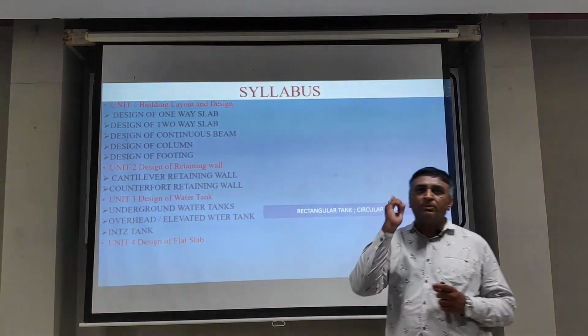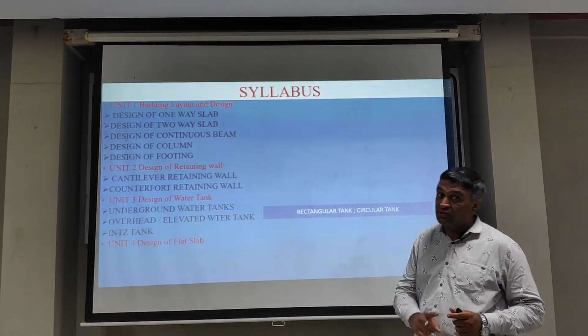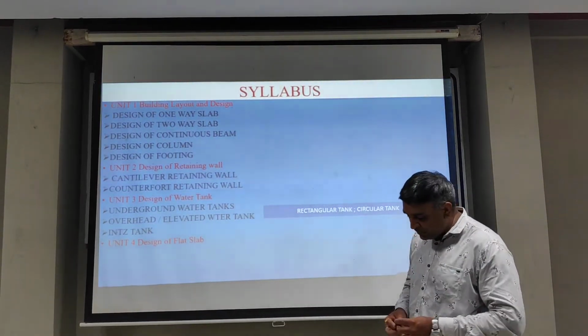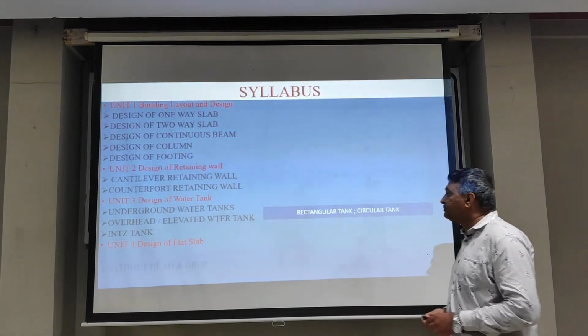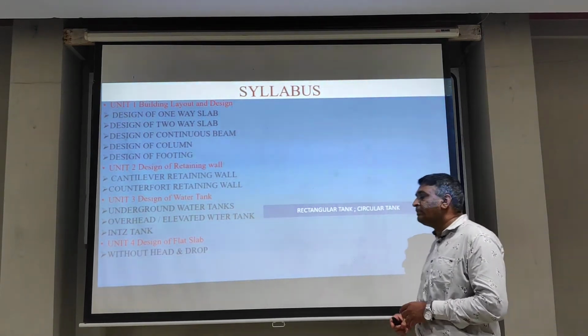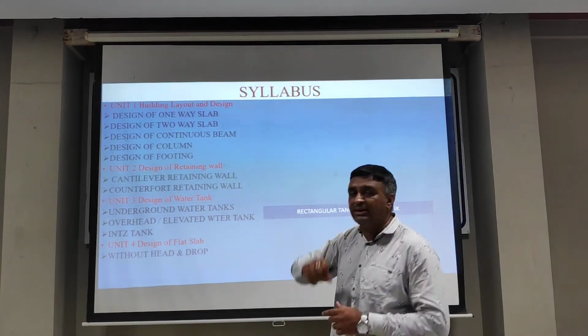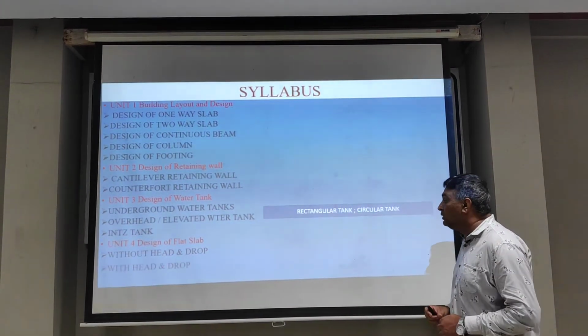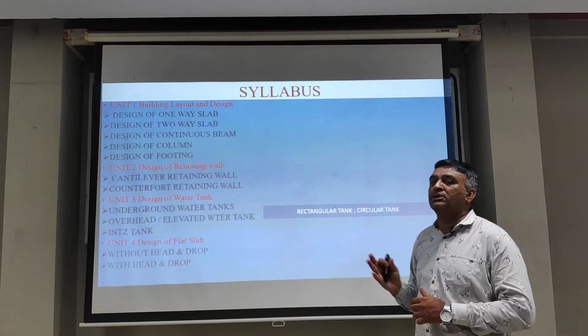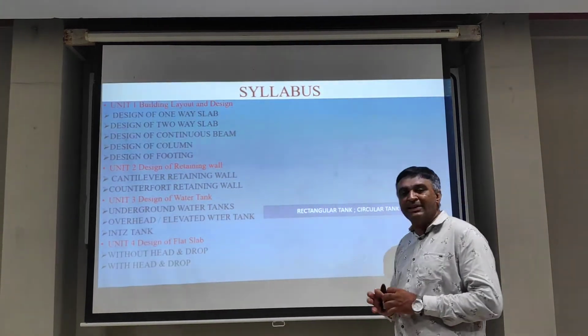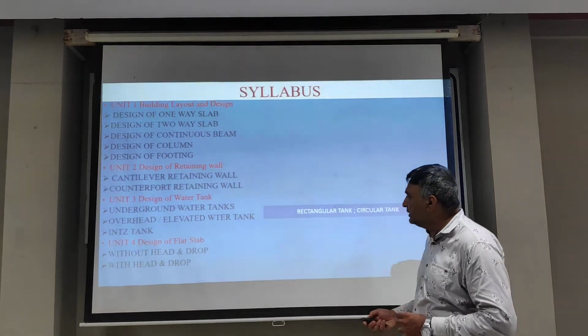At that time we provide the flat slab. In the theater also the flat slab is there. In the flat slab, without head and drop, what is head, what is drop, I will discuss when I start that unit. So with head and with drop, these two types of flat slab we will study in this chapter.